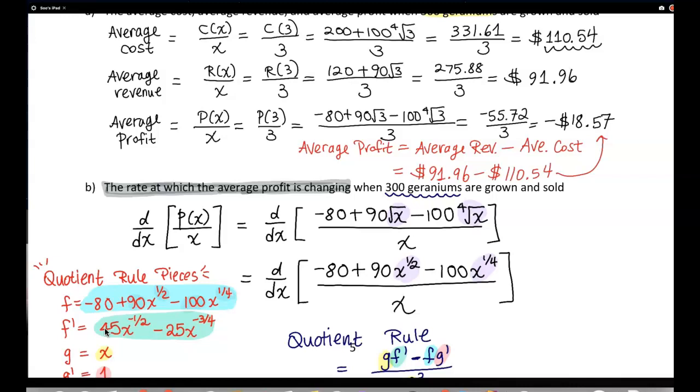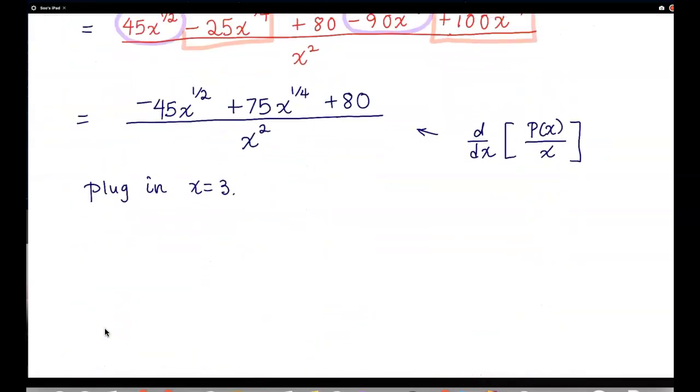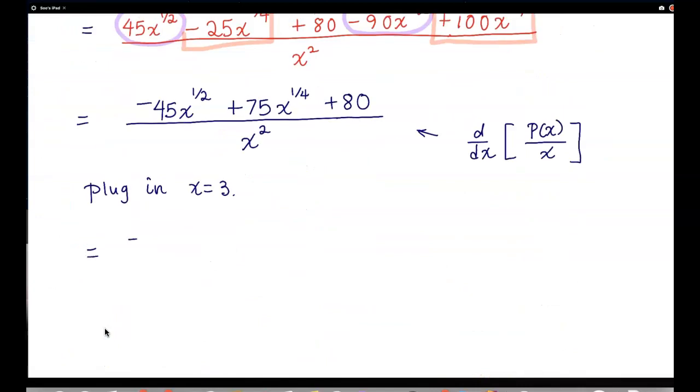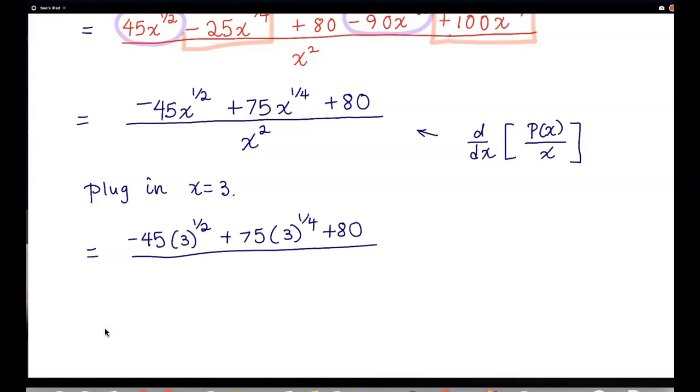So we're going to plug in x equals 3. Okay, ready? This is the fun part. Negative 45 times 3 to the 1/2 power, the same thing as square root of 3, plus 75 times 3 to the 1/4 power, plus 80, all over 3 squared.